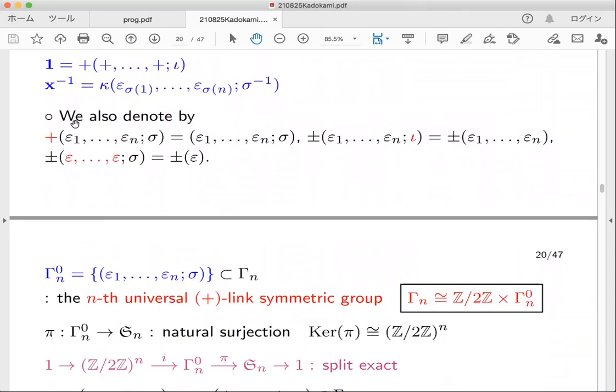This is notation. We also denote it by this.